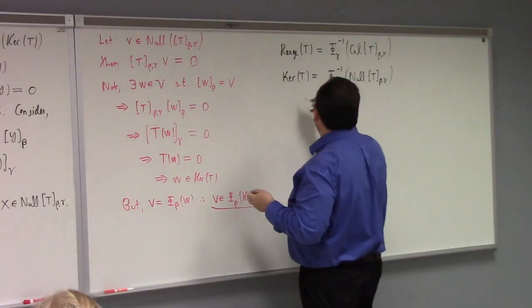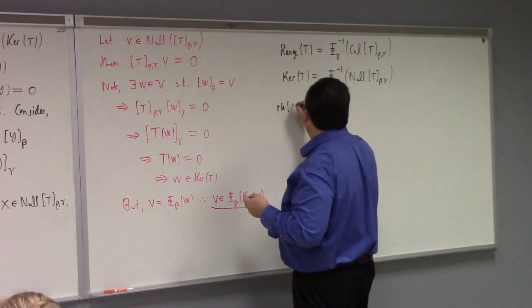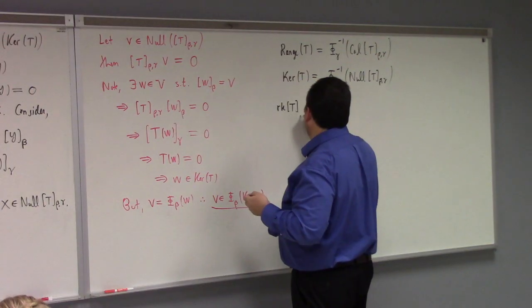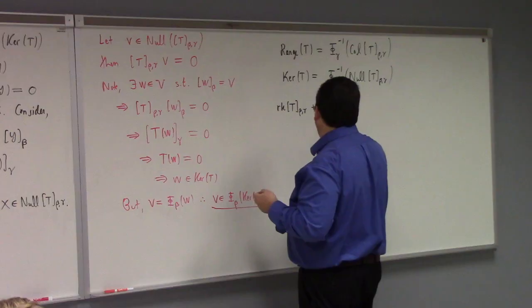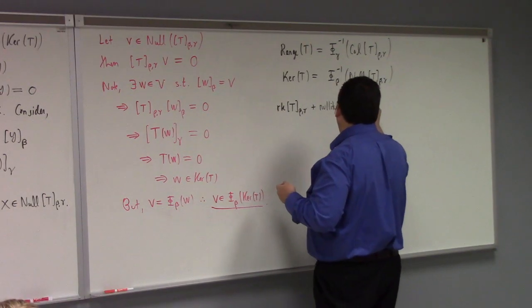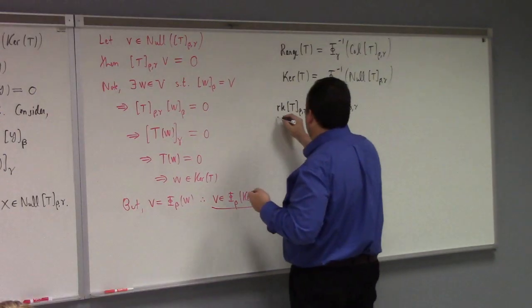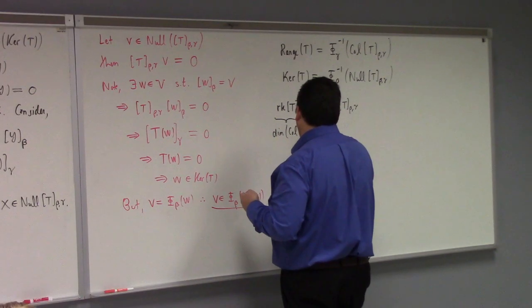So notice that the rank of T beta gamma plus the nullity of T beta gamma. This is the dimension of the column space, right?